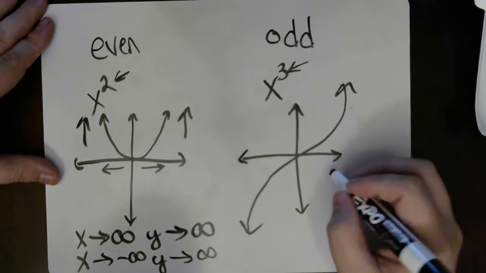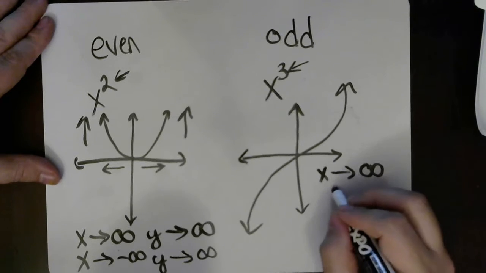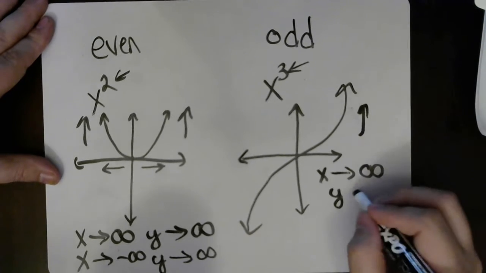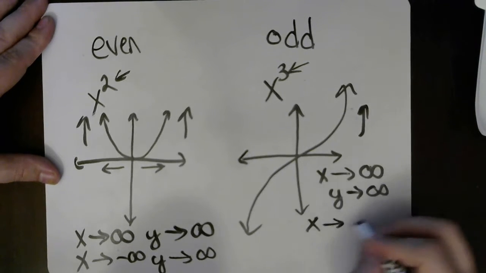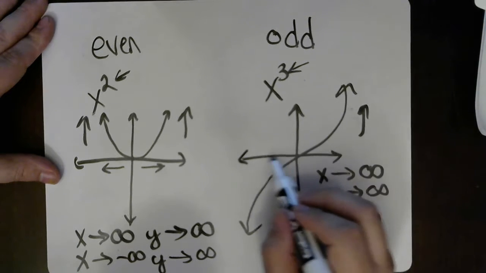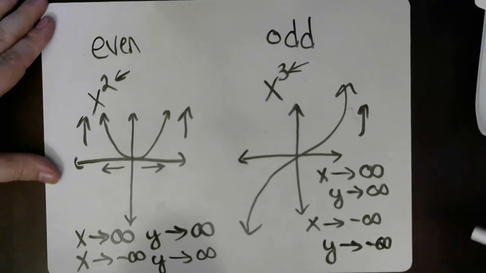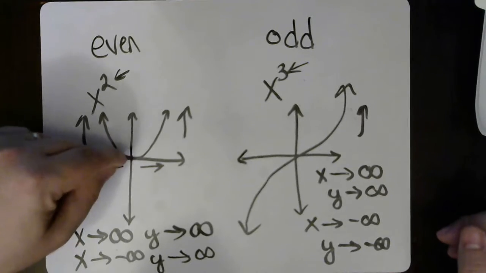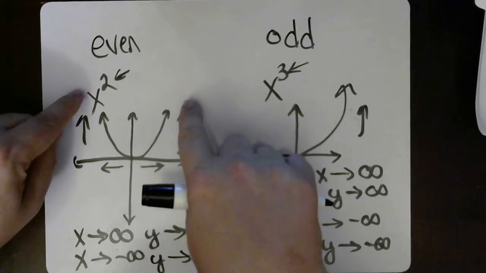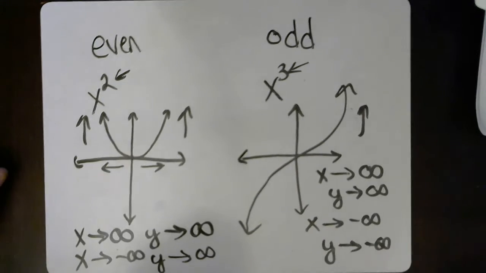Let's look at x cubed. As x goes to positive infinity, y goes up, to infinity. As x goes to negative infinity, so we're going to the left, this goes down, which means y goes to negative infinity. So it's not super important to understand this, but realize that if we start in the middle, y goes up in both directions for x squared, and for x cubed, y goes down as you go to the left and up as you go to the right.